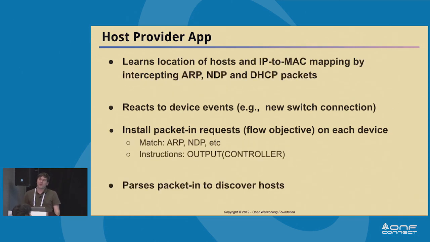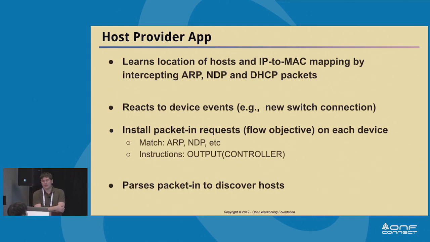Then we have a host provider application that provides host discovery capability. So to implement bridging, we need to implement behavior that is similar to MAC learning. So the idea is that we should be able to learn about hosts in the network to be able to populate the bridging and the routing tables.